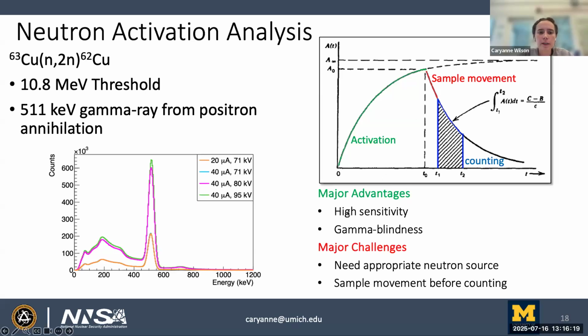So some pretty big advantages and why you would want to use this is they're really sensitive, and gamma ray interactions won't affect your signature if you're irradiating it with gamma rays. But you need to make sure you're matching the right foil to the right neutron source, and looking at those thresholds and reaction probabilities. And then you also need to, for the most part, pretty well characterize your environment.